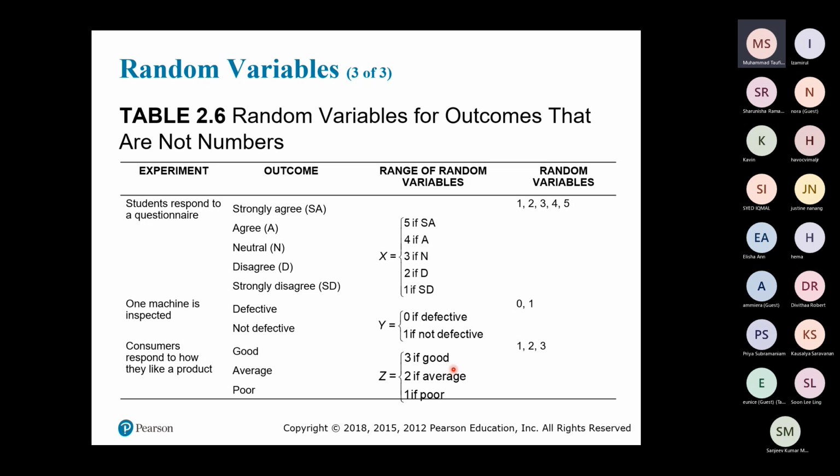Okay, alright. So these are random variable or outcome that are not numbers. Pemboleh ubah ni juga boleh jadi bukan nombor. Contohlah awak buat survey, awak hantar questionnaire kepada pembeli.